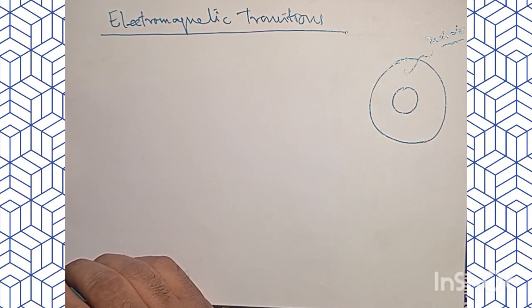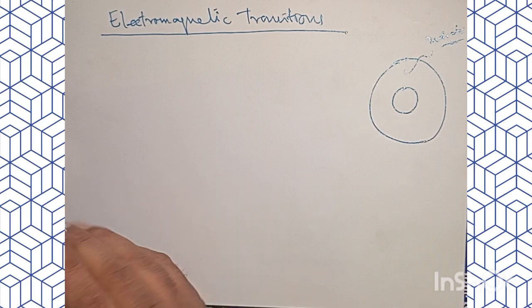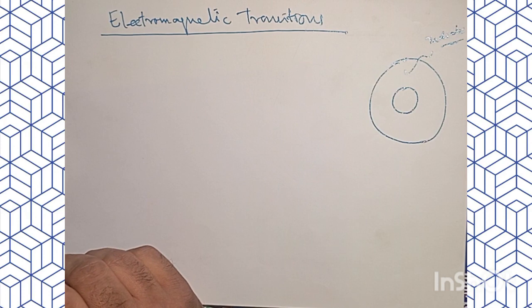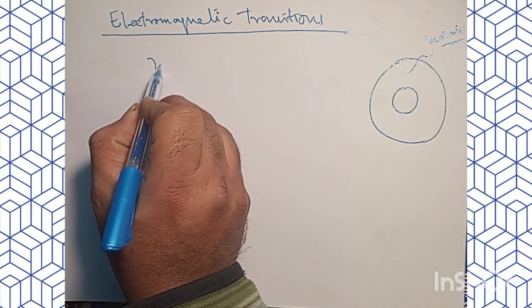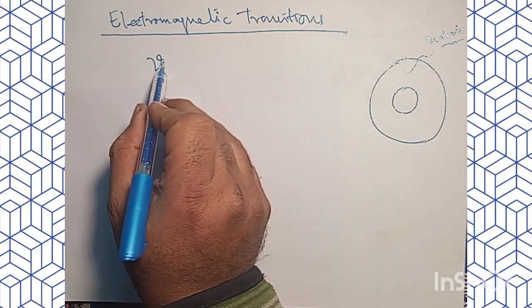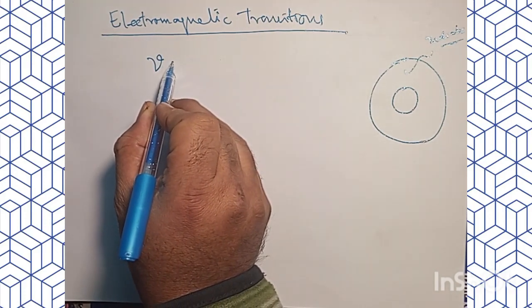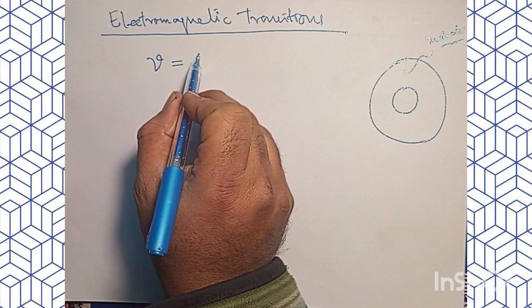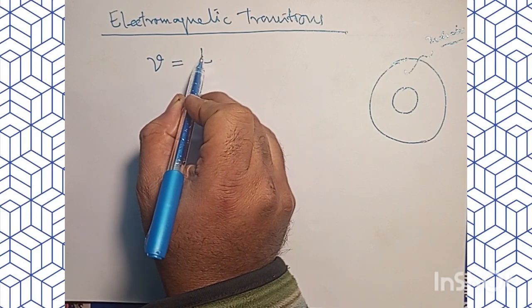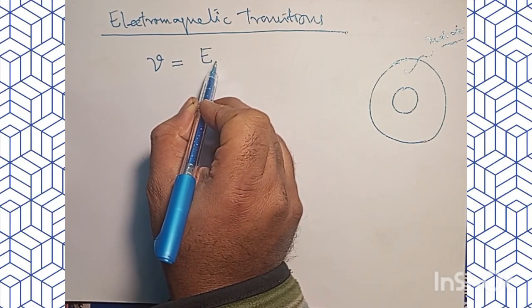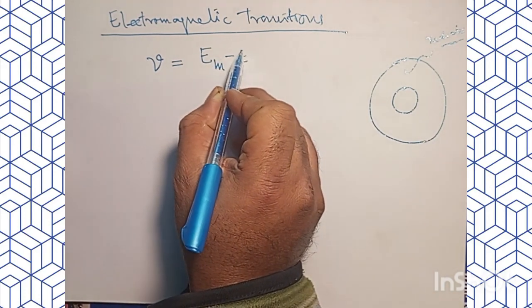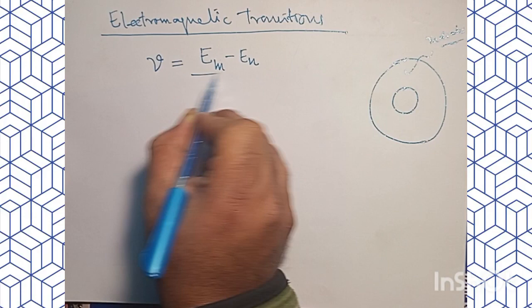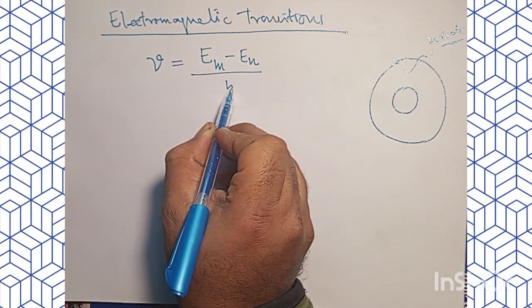To be precise, if we go back to what Bohr postulated, there is the electromagnetic radiation, and the frequency of this radiation is, for example, some higher state En minus some lower state En, divided by h.